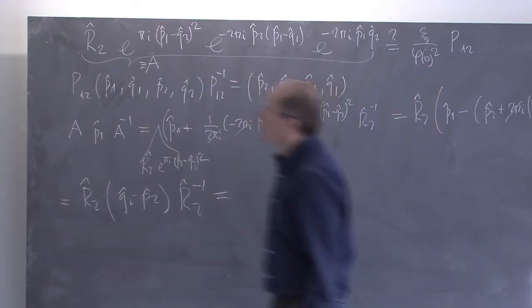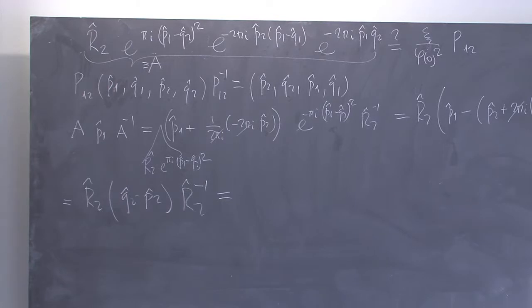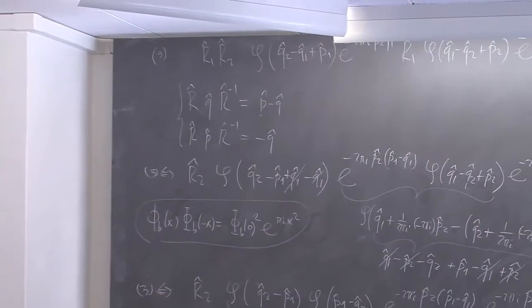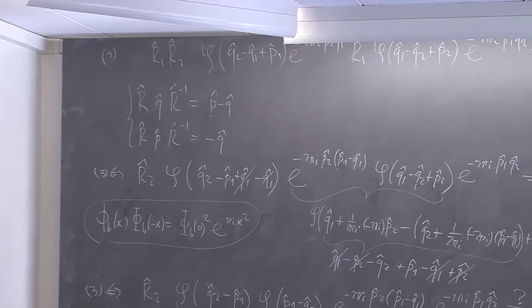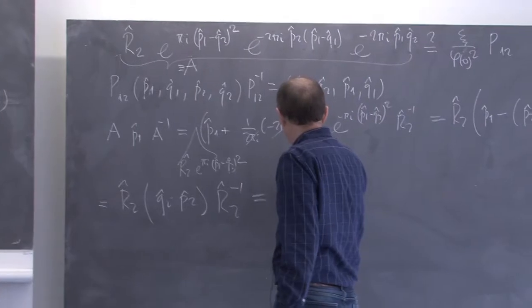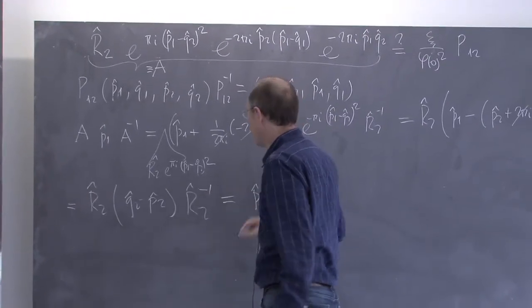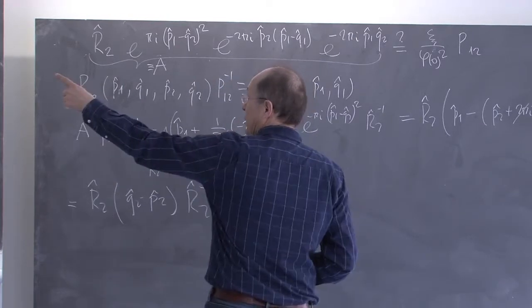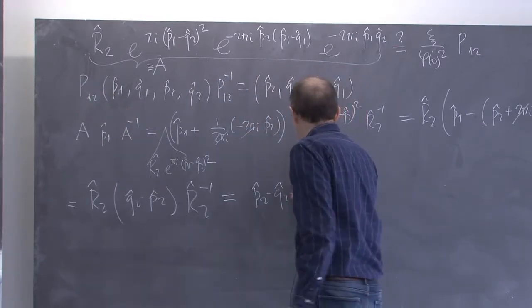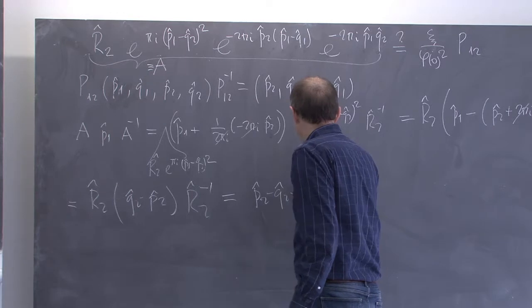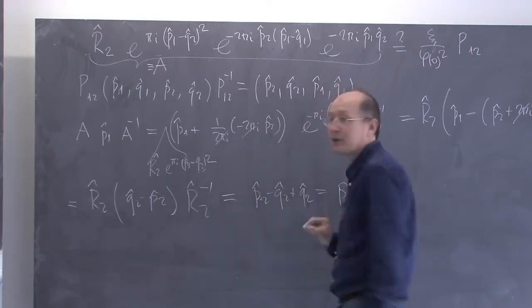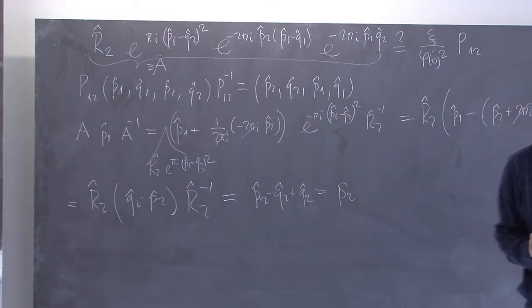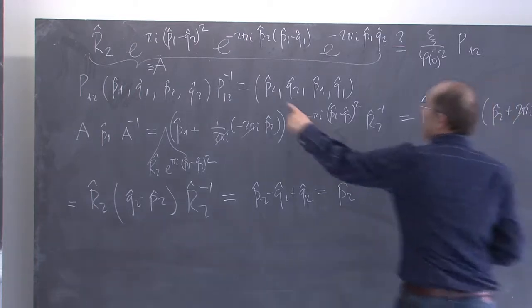And now again we can use these relations in the second subspace. So we write Q2 becomes P2 minus Q2, minus P becomes a plus Q2. And as you see, we safely arrive to P2. That's here.